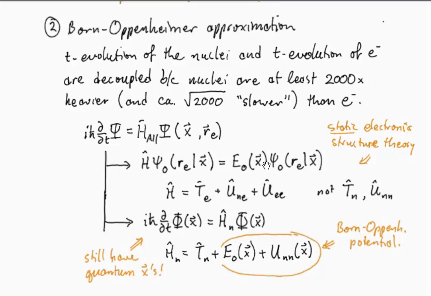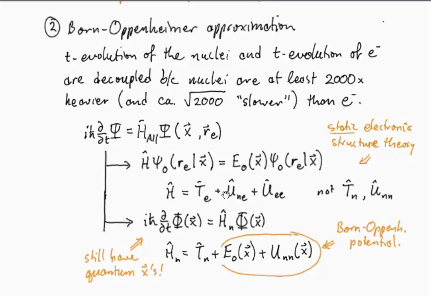Then you have an eigenfunction of this problem that inherits the dependence on the positions of those nuclei. So this is basically the electronic problem, and you could make an entire course on this particular subject, and most of the time in this course what we'll be talking about is using things like density functional theory and rather simple versions of electronic structure theory.